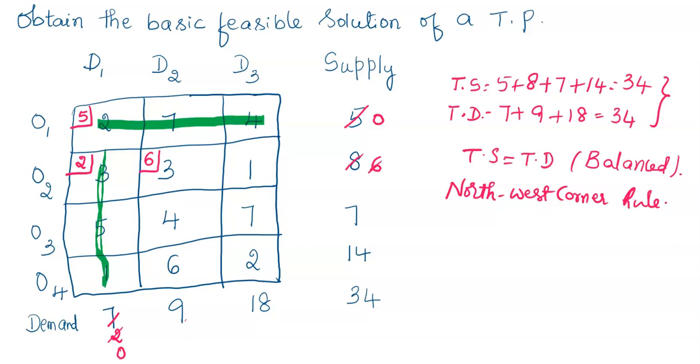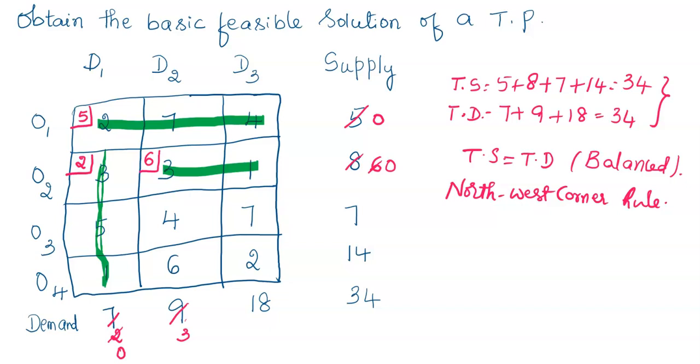And 6 minus 6 is 0. Along the demand, you can observe that 9 minus 6 is 3. Whichever makes a 0, either supply or demand, that particular row or column should be deleted. So here supply is 0 in this row, so you have to delete this.